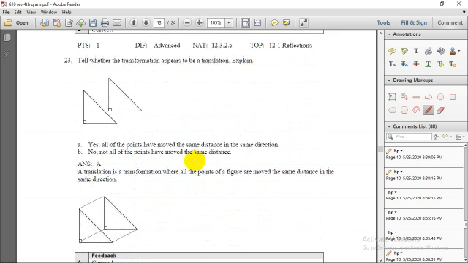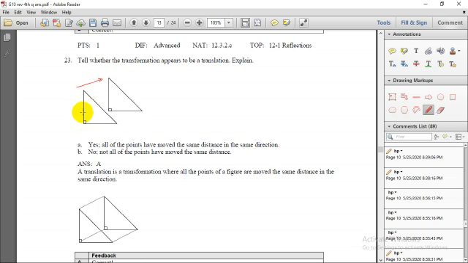Let's complete. Tell whether the transformation appeared to be translation. Look here. Is it translation? What we said about translation? We said that translation is isometric transformation, which needs a vector, or a direction, magnitude and direction, okay.